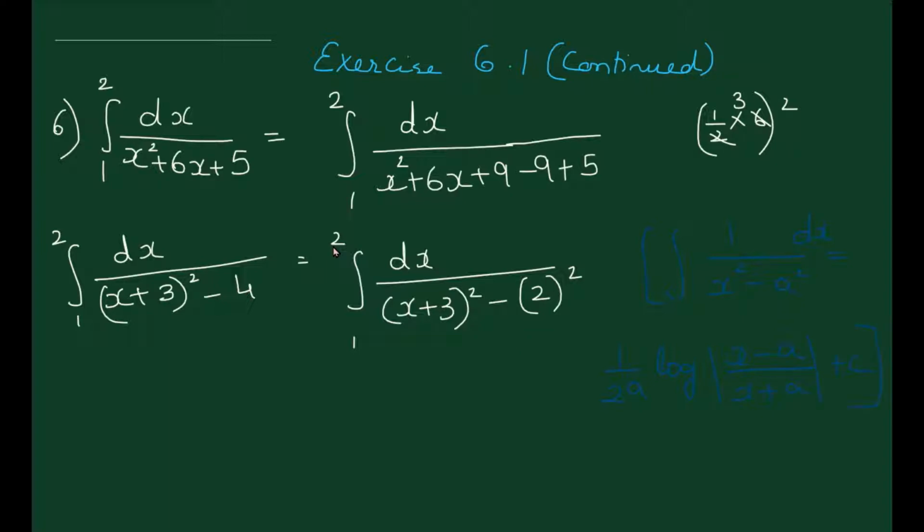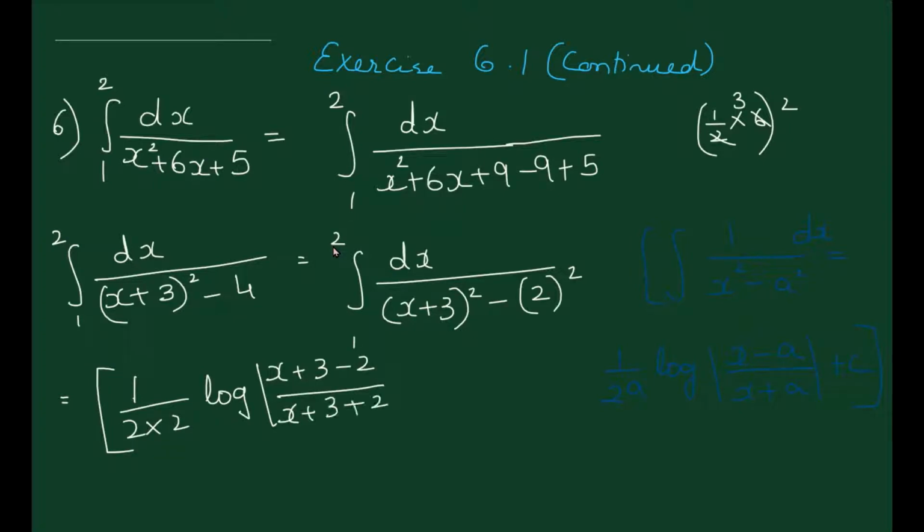So we see that this integral is of that particular form, and therefore we solve it this way: 1 upon 2a, a is 2, so 1 upon 2 into 2 log of x minus a. Now the x term is x plus 3, so x plus 3 minus 2 upon x plus a, that is x plus 3 plus 2. And there is no need to write plus c, you will remember it from the previous lecture.